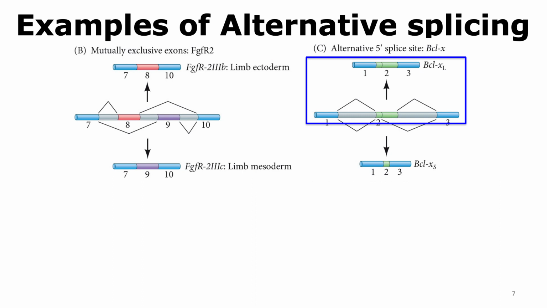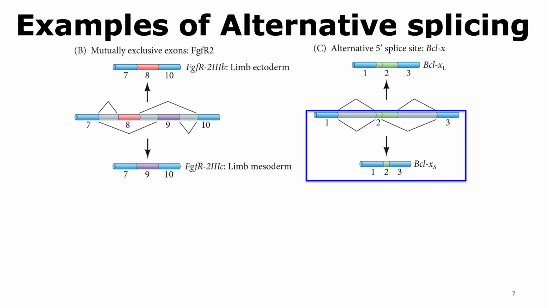However, in certain scenarios, the alternative 5' splice site present on exon 2 can be used, and it can provide a messenger RNA that has the entire exon 1, a small portion of exon 2, and the entire exon 3.